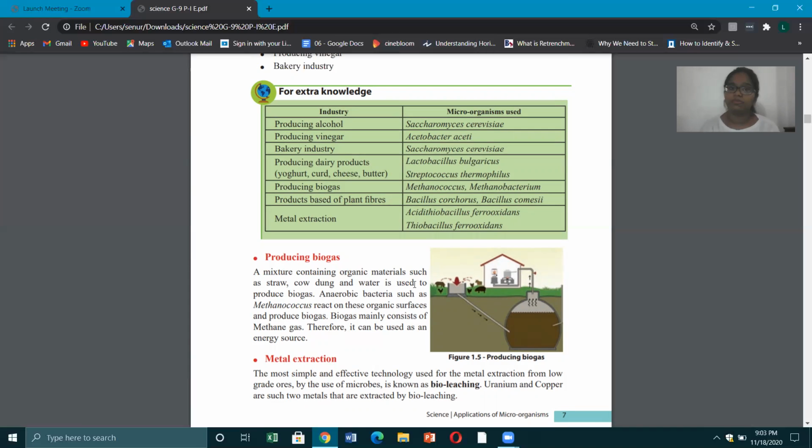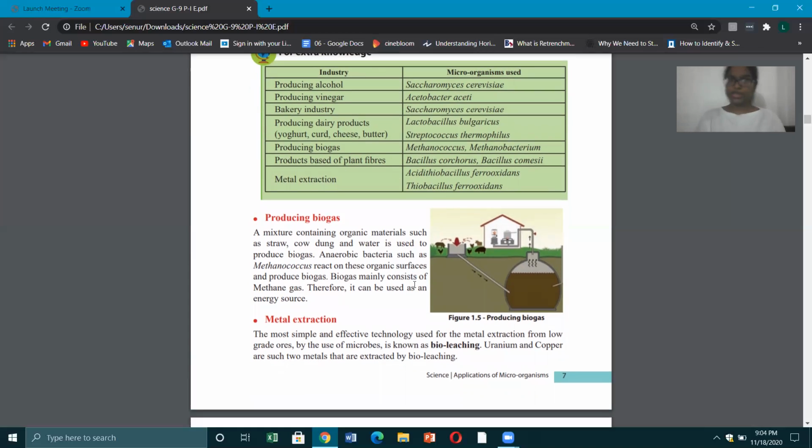Yogurt, cheese, curd, butter: Lactobacillus bulgaricus, Streptococcus thermophilus. Biogas: Methanococcus and Methanobacterium. Plant fibers: Bacillus coccurus, Bacillus comisi. Metal extraction: Acidithiobacillus and Thiobacillus. Those are the microorganisms which are being used in most of the industries mentioned here.